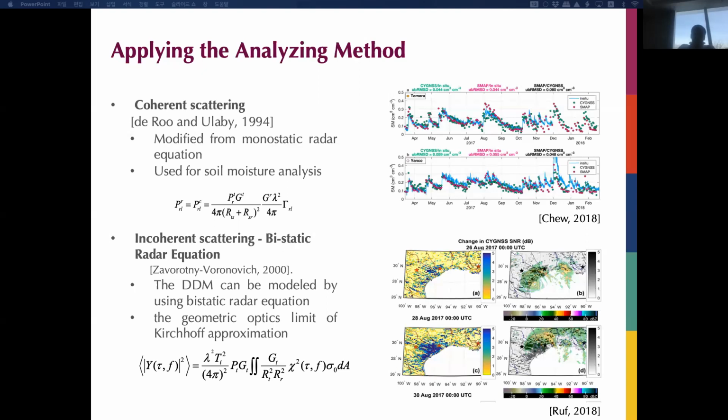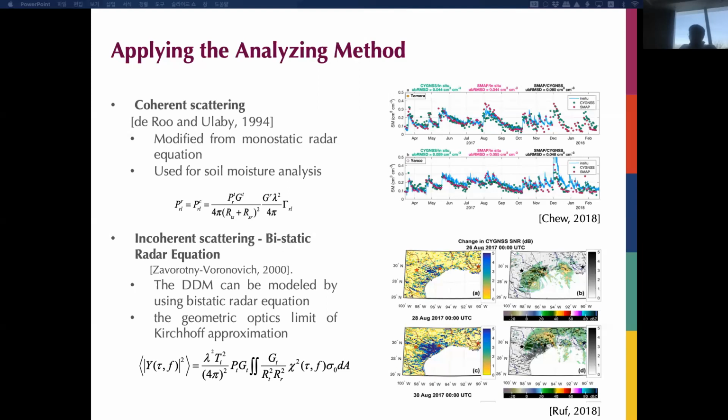In GNSS reflectometry, researchers try to figure out the properties of coherent and incoherent scattering, and to get the properties of the surface using either scattering method. On the top, you can see some dot graphs calculated from the CYGNSS satellite, whose purpose is to predict hurricanes.